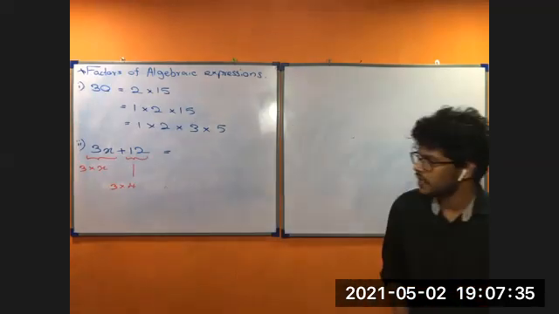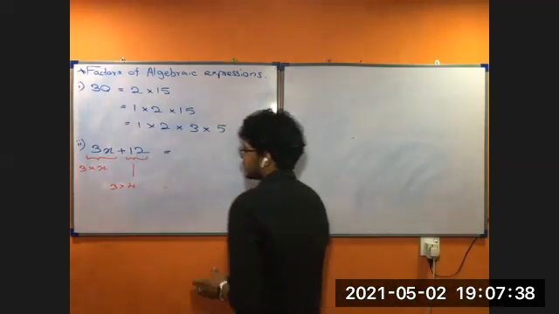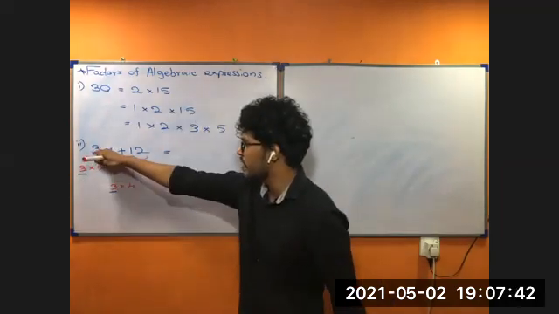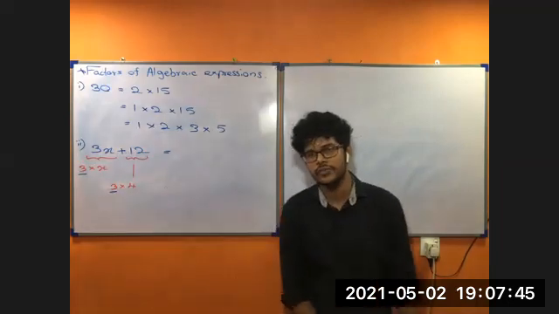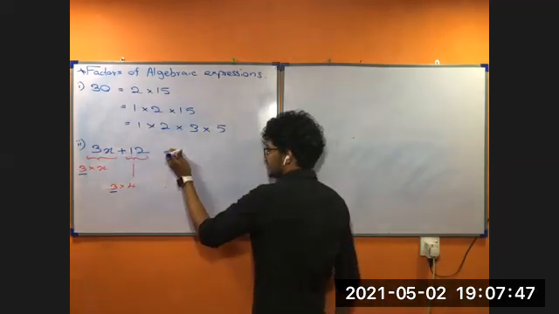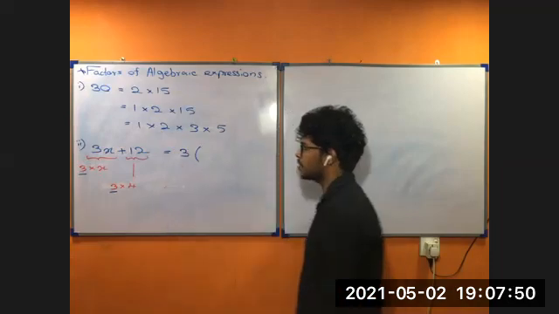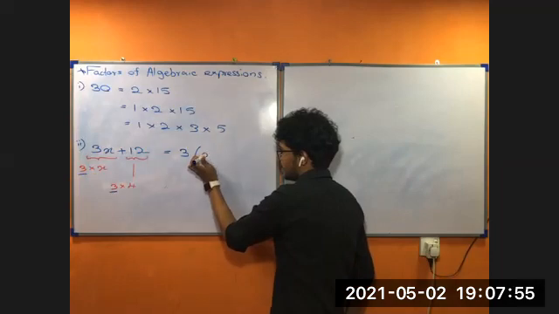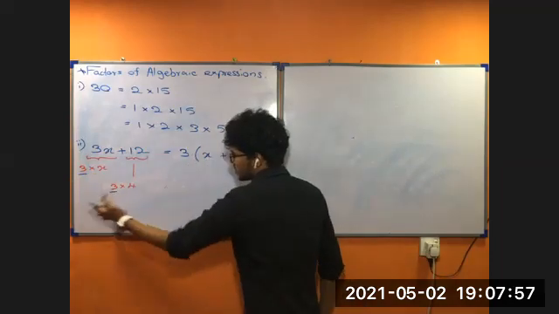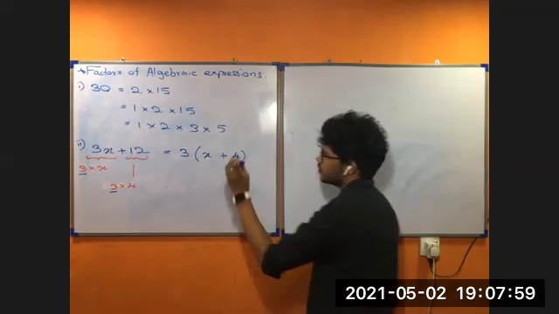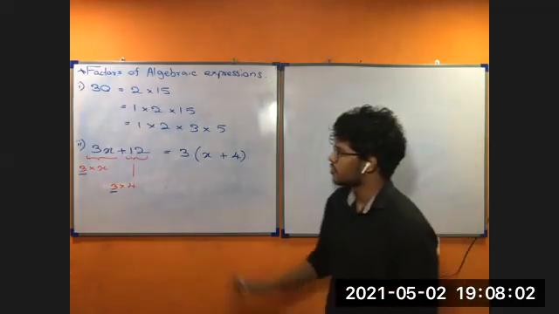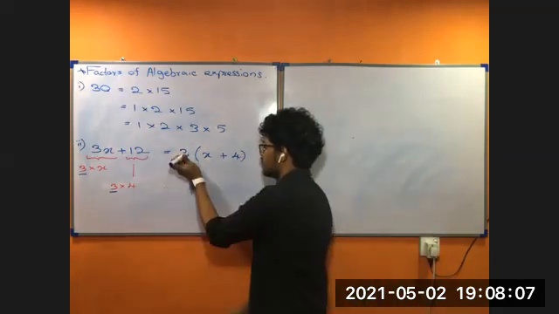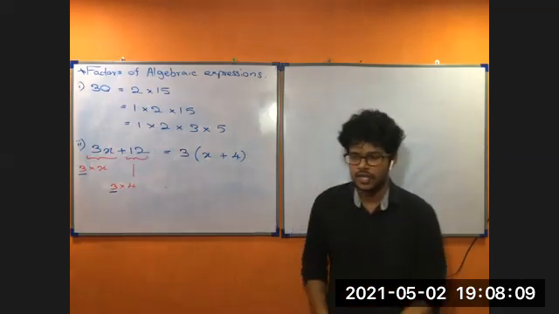So in this case, you can see this 3 is common. Here the first term has a 3, and the second term also has a 3. So in that case, you can take the 3 outside. When you take 3 outside, x is remaining, plus the 4 is remaining. So when we take 3 outside, it is going to be 3 times x plus 4. It is a multiplication, so in between you don't write anything, which means there's a multiplication.